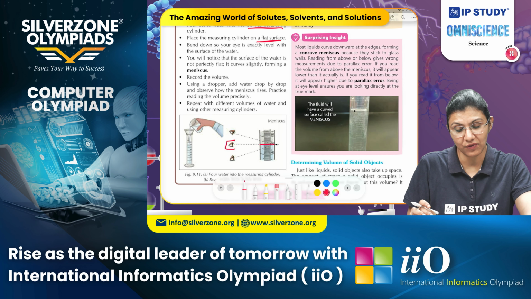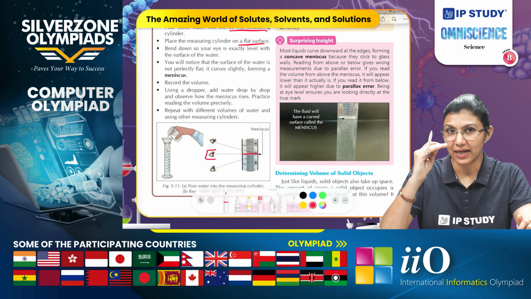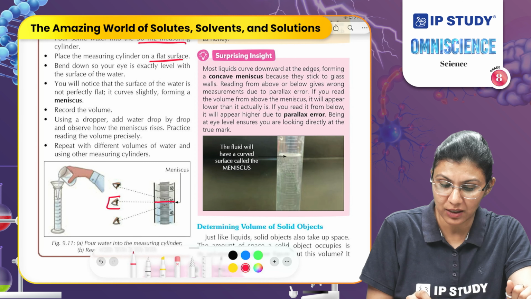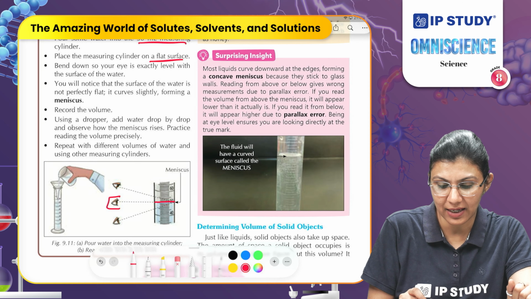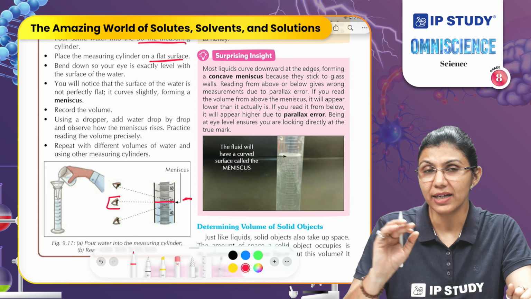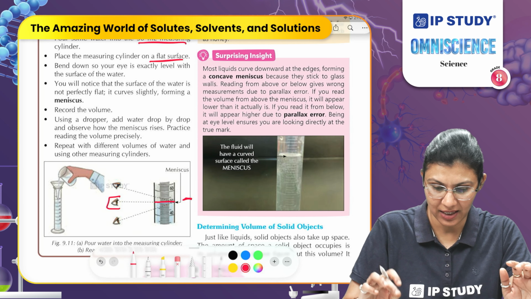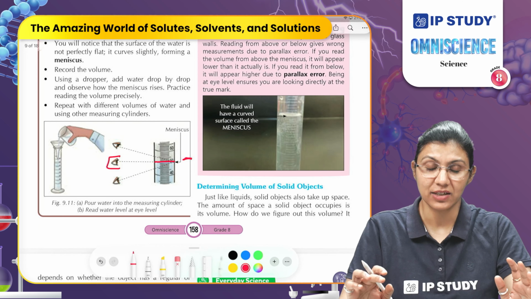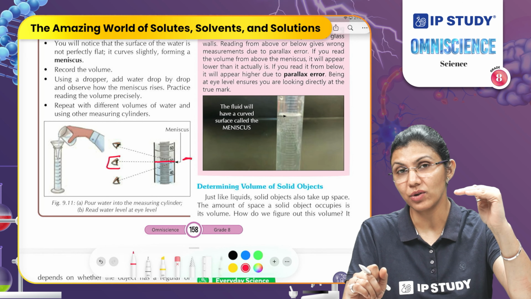It will cause a parallax error, which means if you observe it from the top, it will appear slightly lower, and if you observe from below the level, it will appear slightly higher. So it is not giving you the accurate reading of the liquid in the measuring cylinder. That is why it is always suggested that whenever you are measuring any liquid in a measuring cylinder, keep your eye at the same level of the liquid in the cylinder so that you can measure the accurate reading.